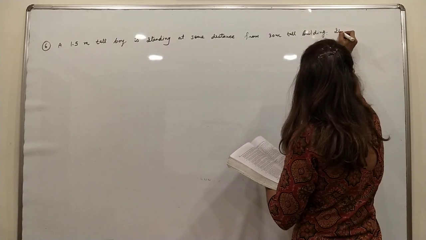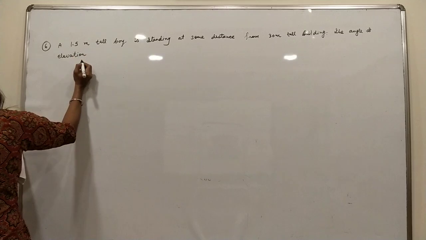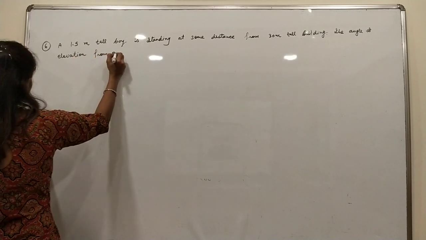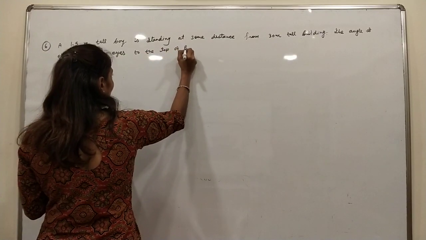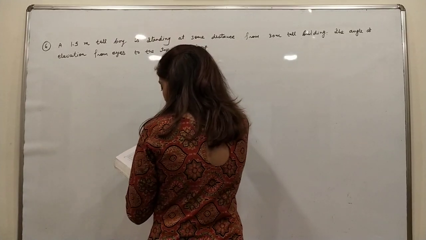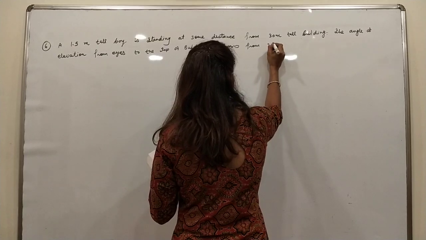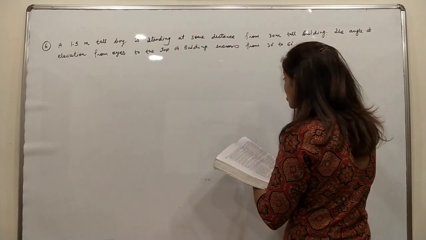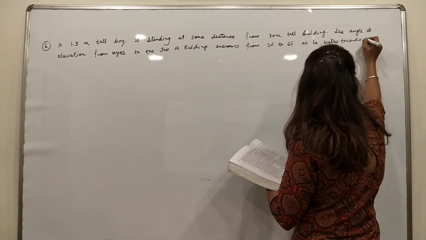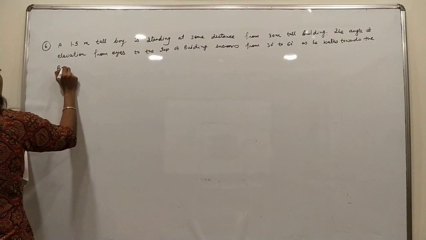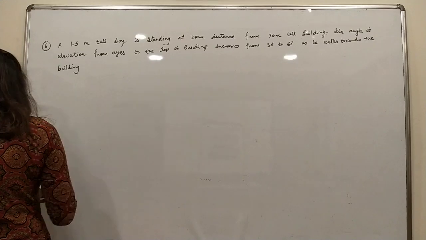The angle of elevation from his eye to the top of the building increases from 30 degrees to 60 degrees as he walks towards the building. Find the distance he walked towards the building.